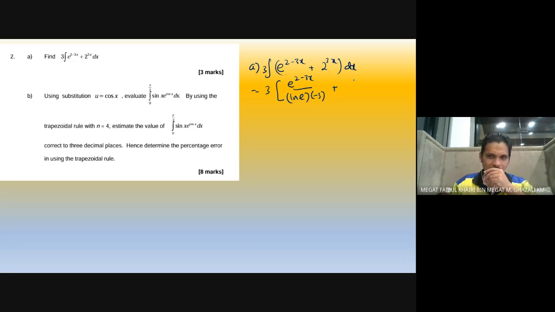Plus the integral of 2 power of 3x, divided by natural log of 2, and differentiating 3x gives 3.